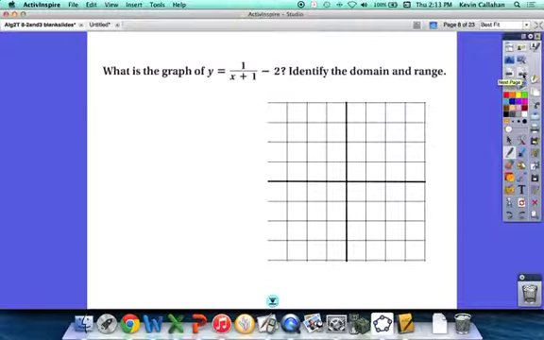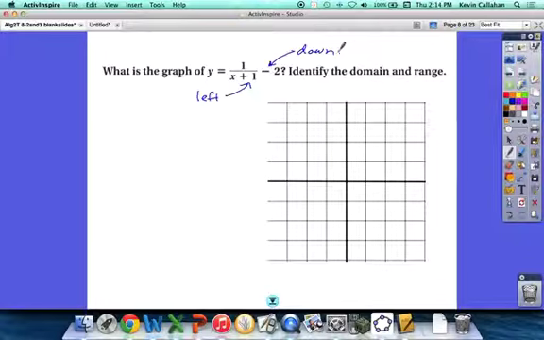Okay, so what is the graph of 1 over x plus 1, minus 2? Left 1, down 2. The first thing you want to do is put the asymptotes in.